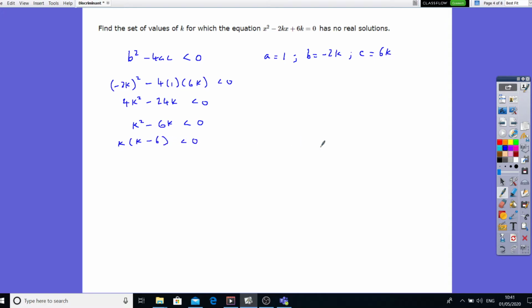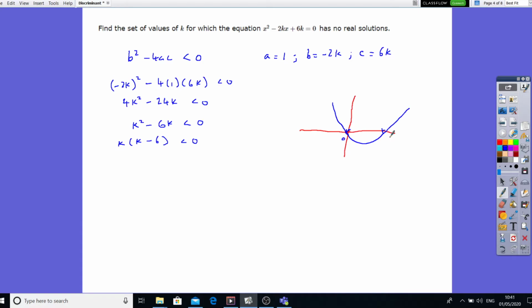Now when we're solving inequalities, it's best to sketch a quick graph on the other side. So let's just sketch this graph. One of the roots is at k equals 0 and k equals 6 is the other root, and it's a positive quadratic, so it's going to go down here and coming back up.